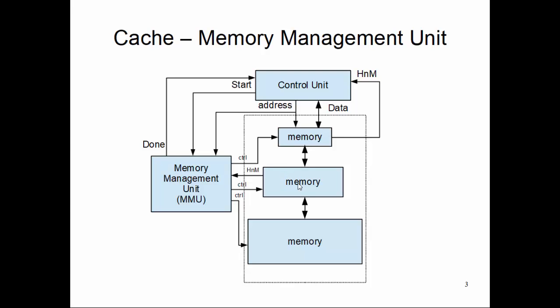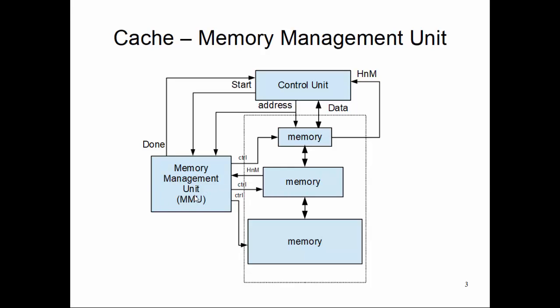Let's say this hierarchy has three levels: L1, L2, and the main memory. The top one is the L1, the middle one is the L2, and the lowest one is the memory. We assume that the information for this address is always present in the lowest level of the memory, the RAM. But the L2, this middle level, may or may not have it; we don't know.